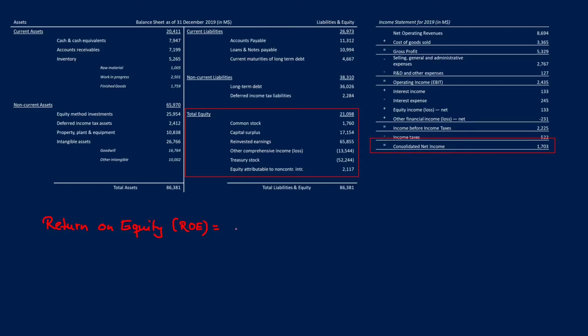The return on equity is defined as net income divided by equity.